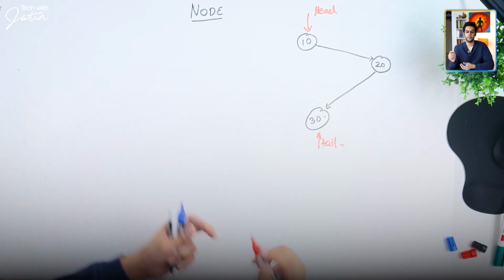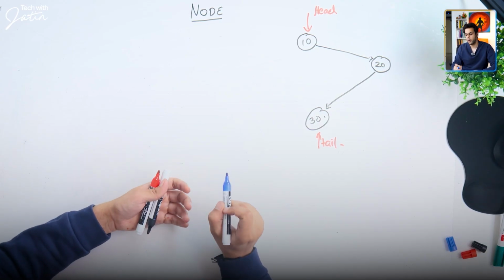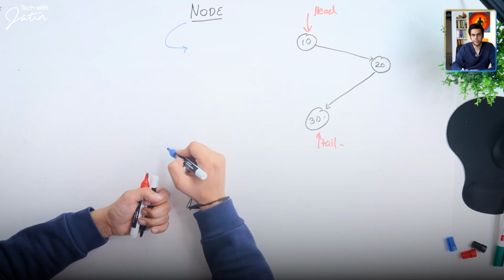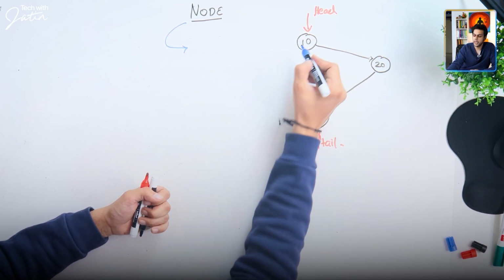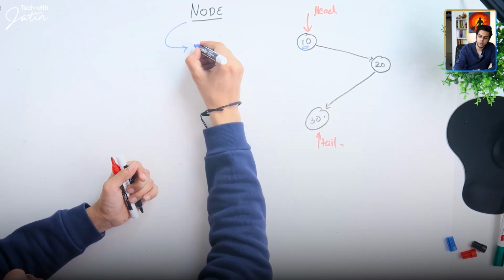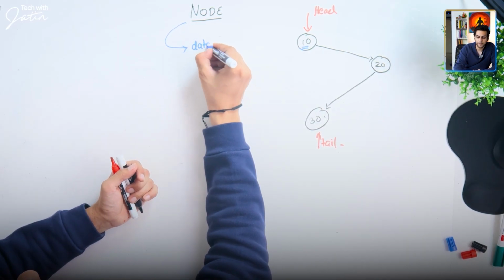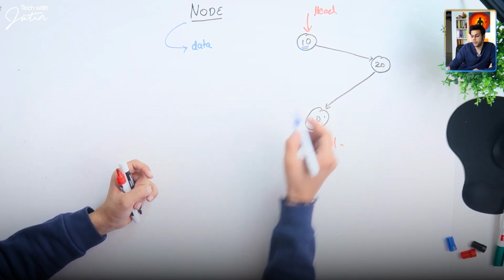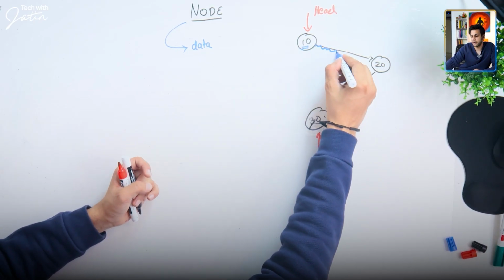Now understand something. What is a node? A node is going to have two things inside it. The first thing a node has is the data itself. So a node basically consists of data. And the second thing a node basically consists of is the link.